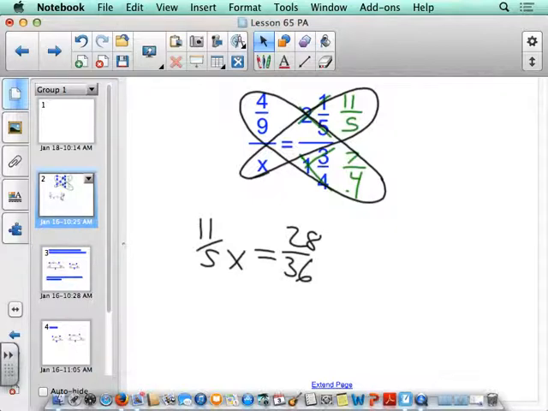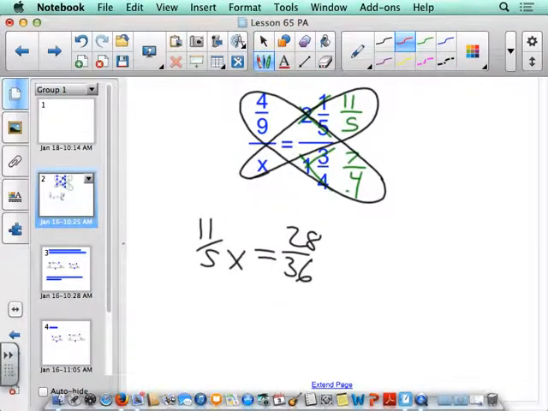Now, once you've done this, Kylie, what do I need to do to solve? 28/36 times 5/11. We want the reciprocal of your coefficient. So times 11/5. Doesn't look like anything reduces to me. So we just multiply across. And you can use your calculator at this point.